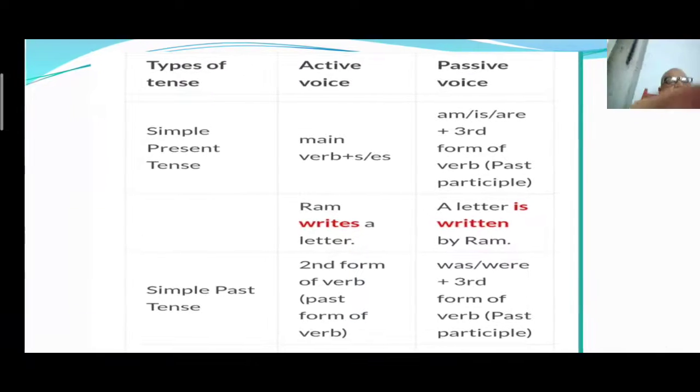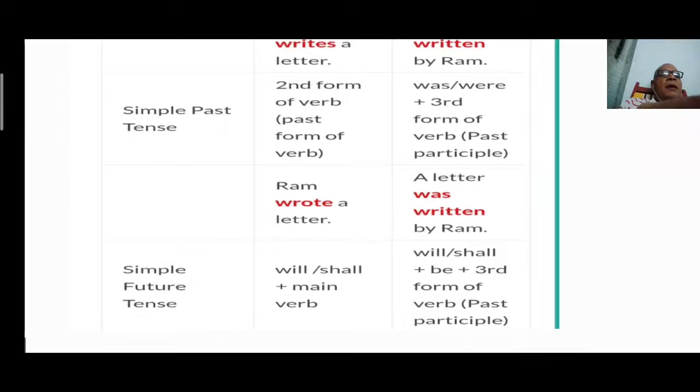In a similar way, Rama did not write a letter. Remember, whenever we use did, we cannot use the past form of the verb, just the present form of the verb.